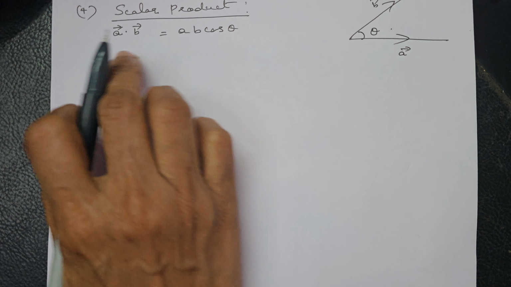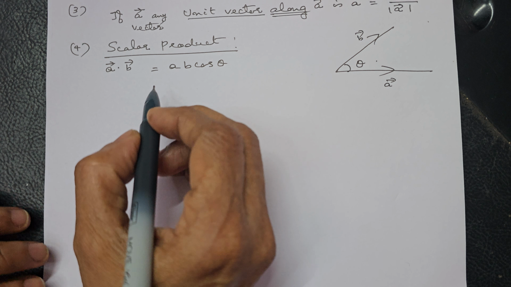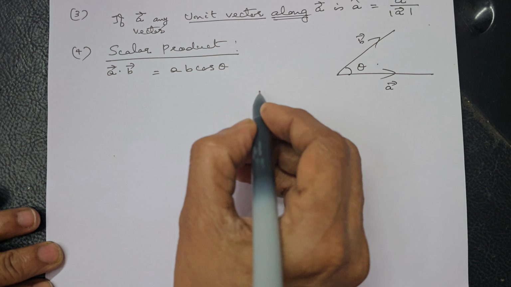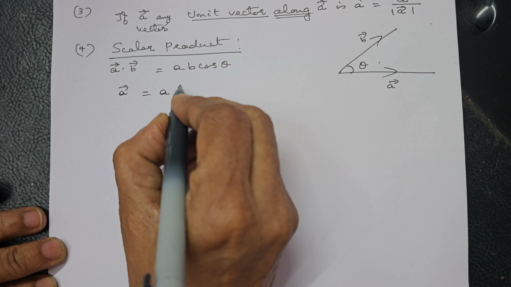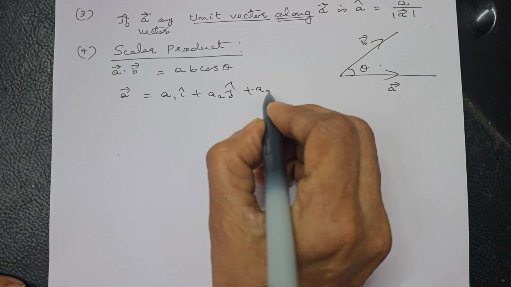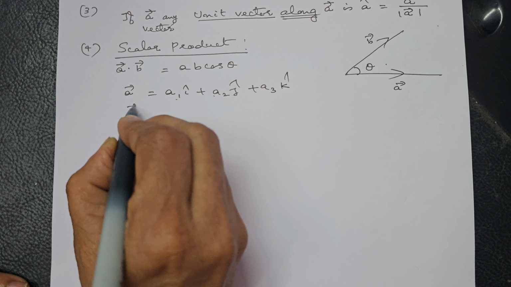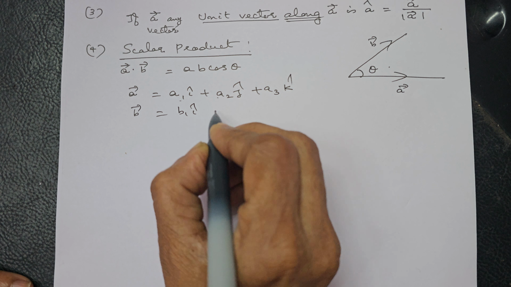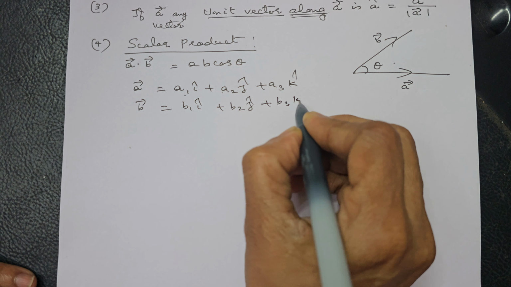So we can apply this formula only if theta is given. And suppose A and B are given in component form. That means A is given in terms of A1 i cap plus A2 j cap plus A3 k cap, and B is B1 i cap plus B2 j cap plus B3 k cap.